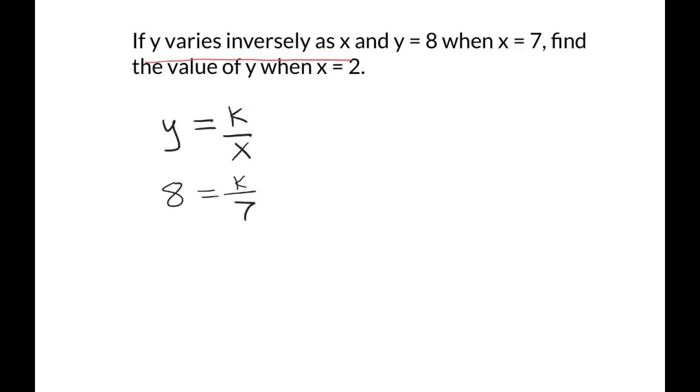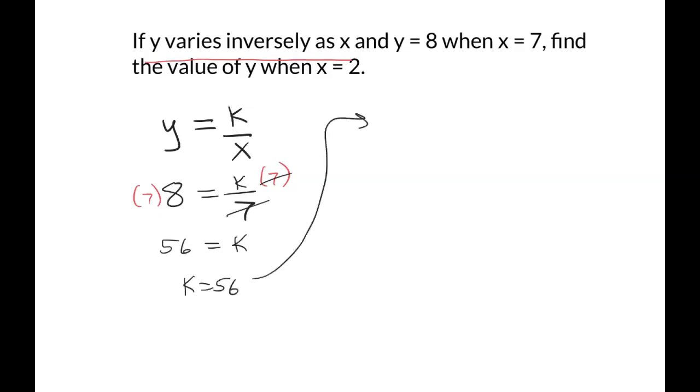Now when I solve this for k, I multiply both sides by 7. I get 56 equals k, or k equals 56. That means the equation for my inverse variation is y equals 56 divided by x.